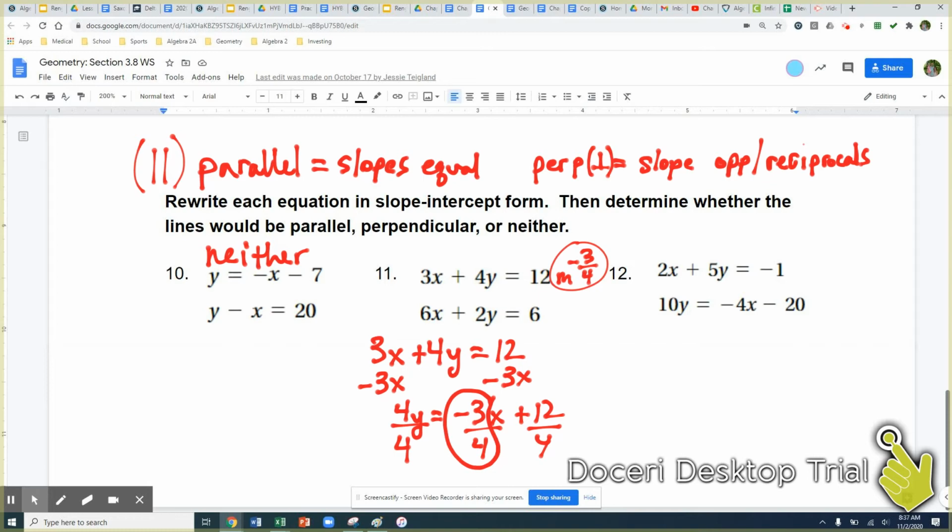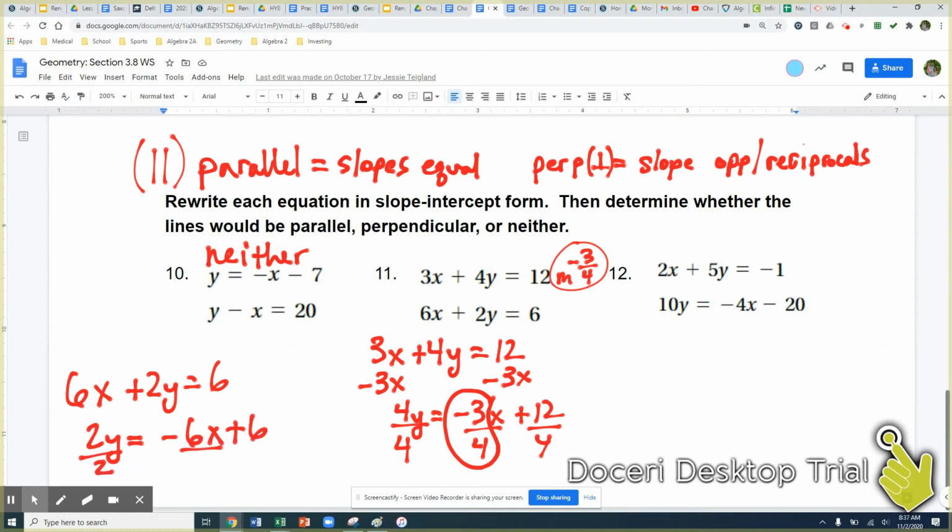Next, I'm running out of room, so we'll have to go over here. 6x plus 2y equals 6. So we'll get the 6x subtracted over. We'll get 2y equals -6x plus 6.